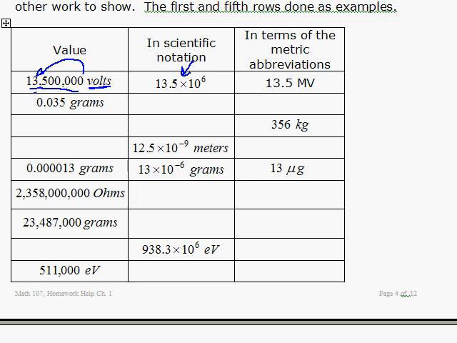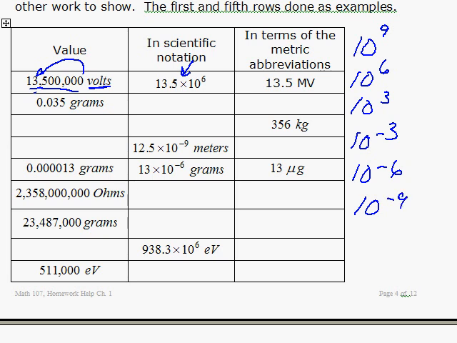Now once you've moved that decimal over one of these known units, let's just list them. We'll say 10 to the 9th, 6, 3, and then of course not moving it at all, minus 3, minus 6, minus 9. Okay. This part of the scientific notation can be replaced by a letter.